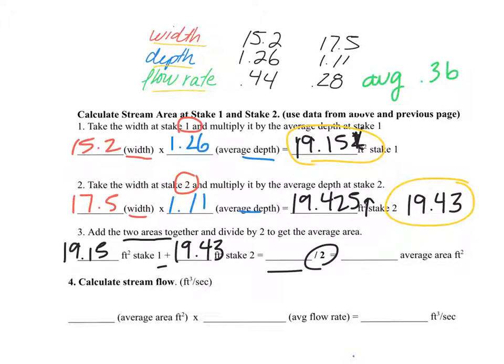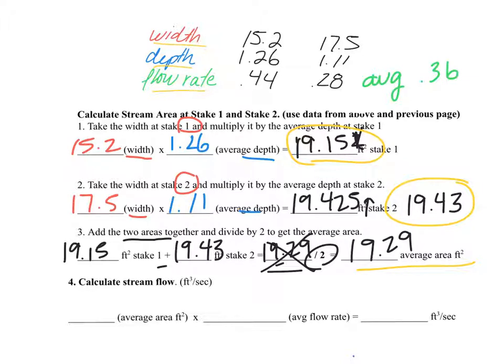So 19.15 and 19.43, adding them together and dividing by 2, making sure I'm still in that hundredths place. I get 19, oops, I did that too fast. This here is my 19.29. So that's my average area of the whole 10-foot location that I was measuring in.